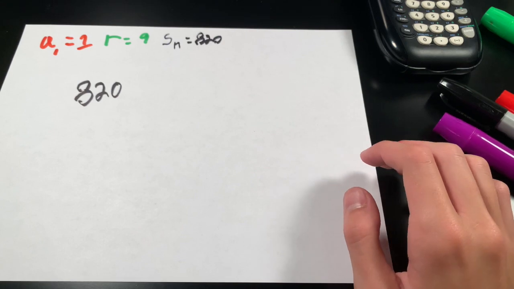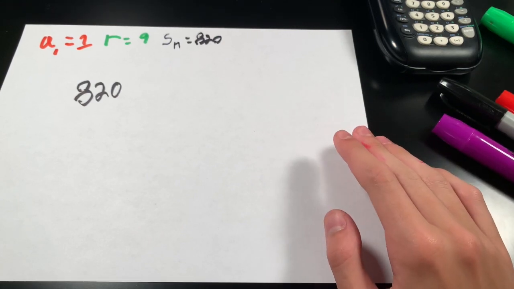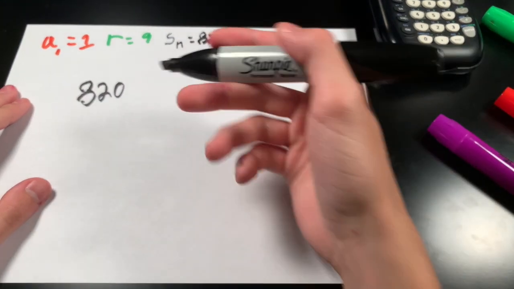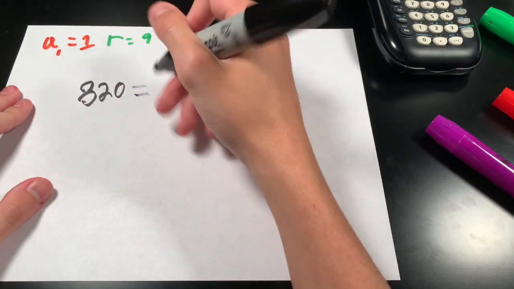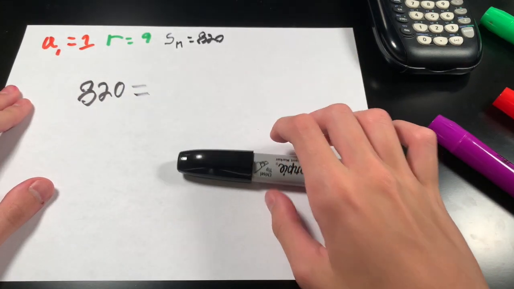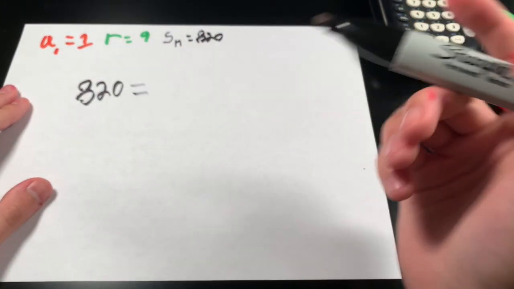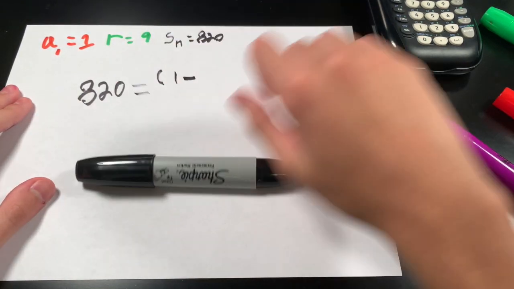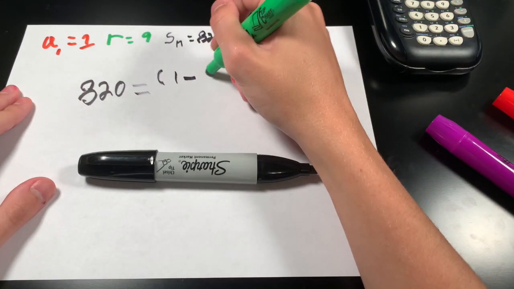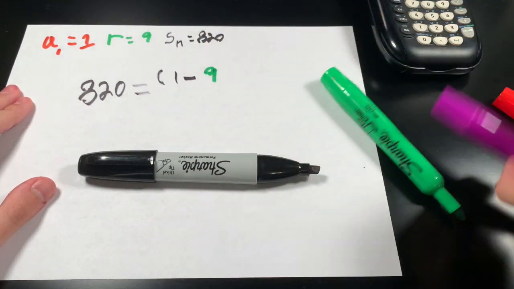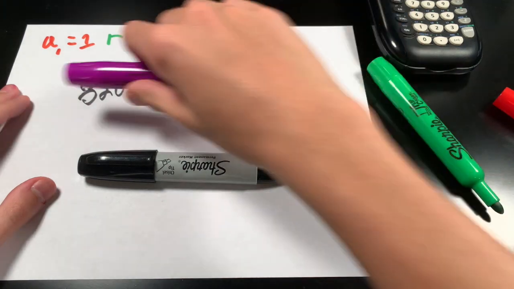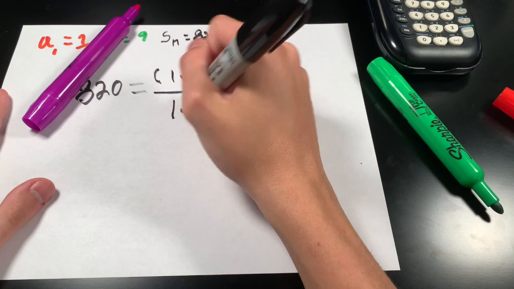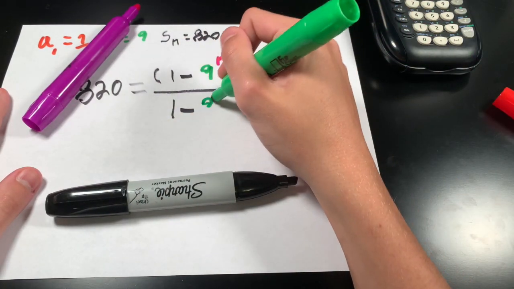All right, for number 4, it's a bit different. We have to work backwards. So S of n here equals 820, and we do the equation like normal. A1 equals 1, so there's no real point in writing it. 1 minus r to the nth power, and we do not know n, that is what we are trying to find, over 1 minus r.